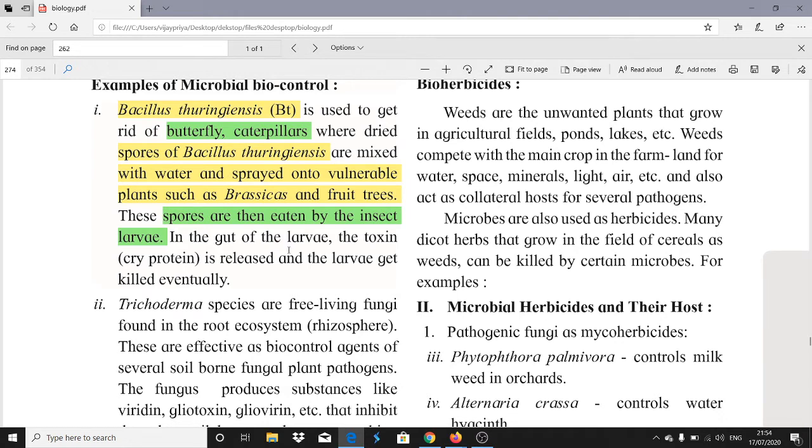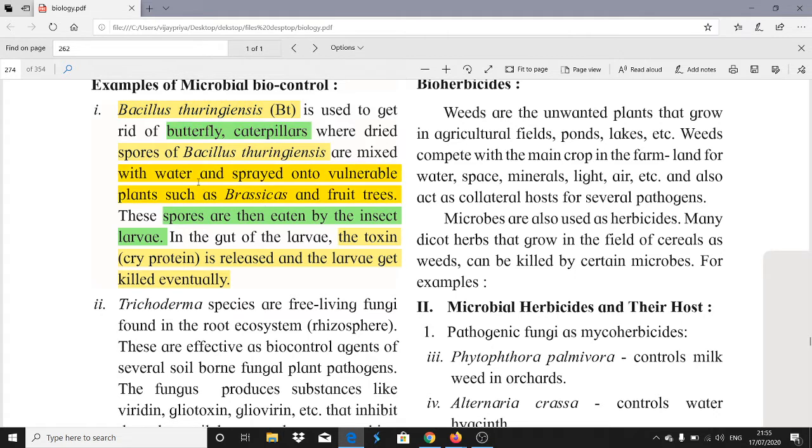So, as the insect larvae eat such spores, in the gut of the larvae the toxin called cry protein gets released, and the larvae get killed eventually. Again, we are killing the larvae, but not with the help of chemical pesticides or insecticides, but by using the biocontrol mechanism.